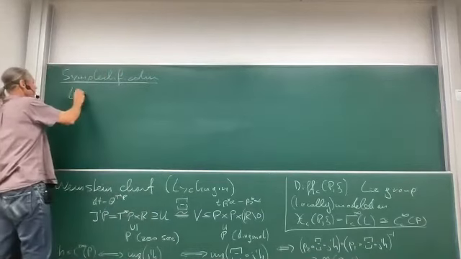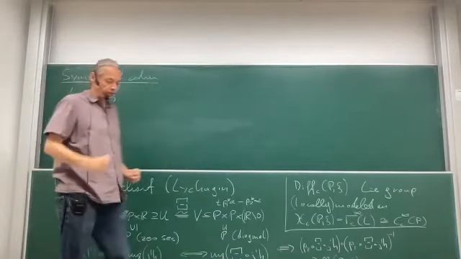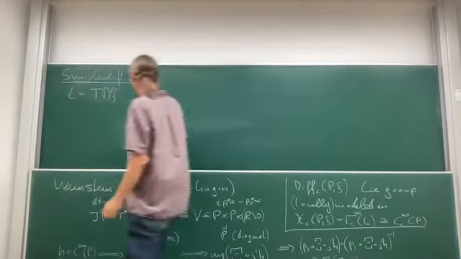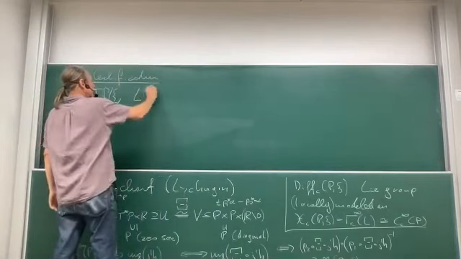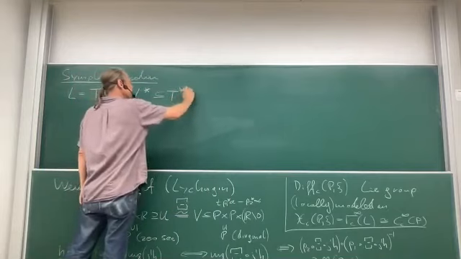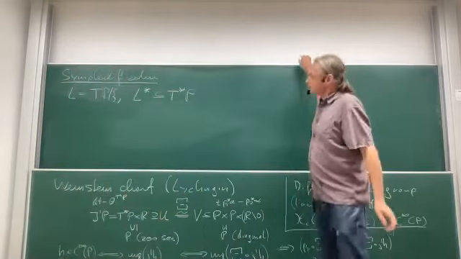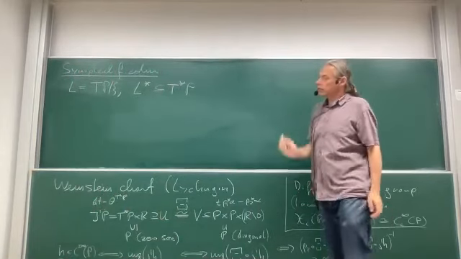So recall the line bundle we had was TP mod psi, a quotient of the tangent bundle. So if we look at the dual line bundle, then this is going to be contained in the cotangent bundle. On the cotangent bundle there's a canonical one form.